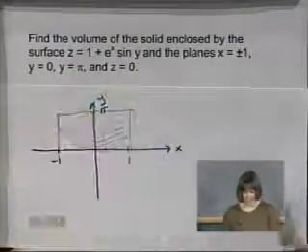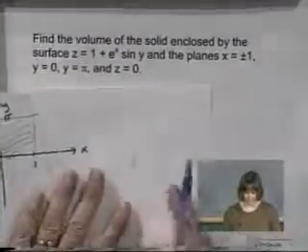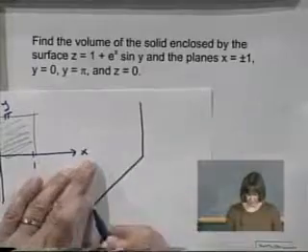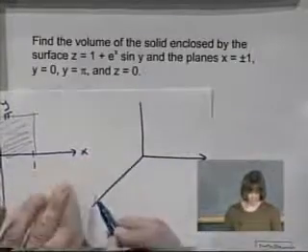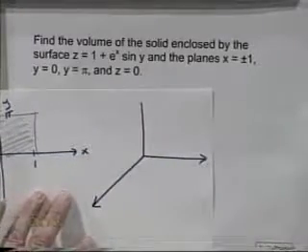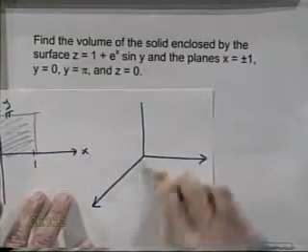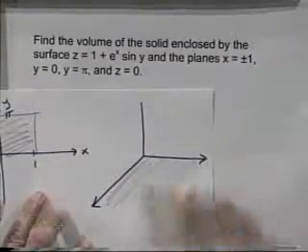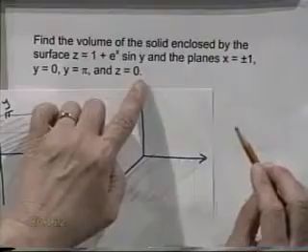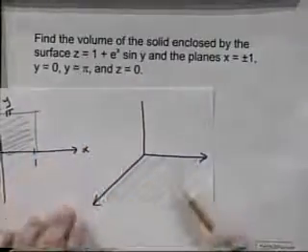Now, what is this z equals 0 that they're giving us? Where is z equals 0? That's the xy plane. All the points that have z equals 0 are the points on the xy plane.